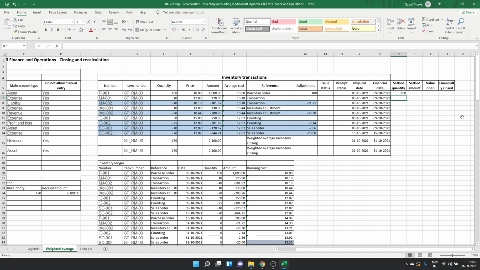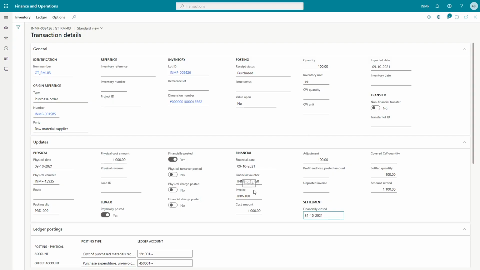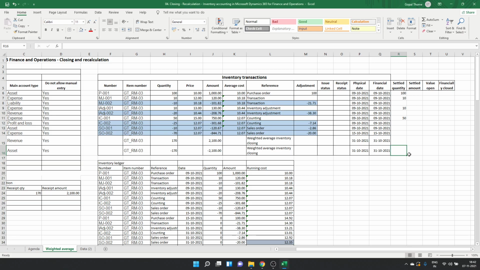Then this 10 quantity is also closed. This 10 is also closed. This 50 quantity is closed. And this is 170.